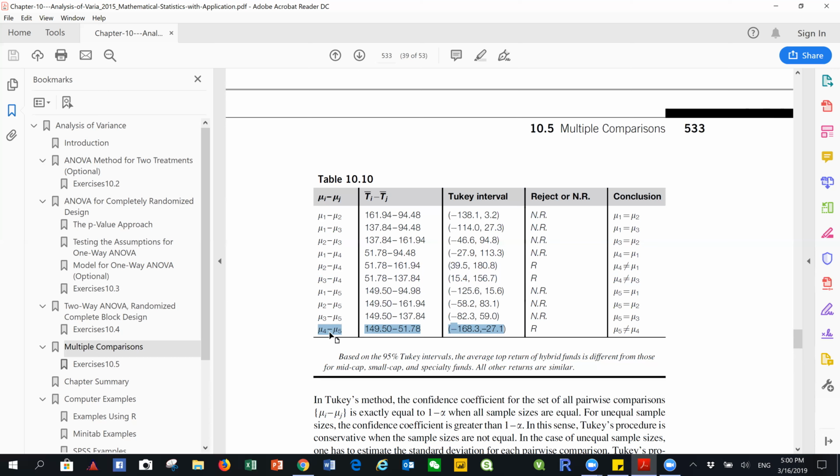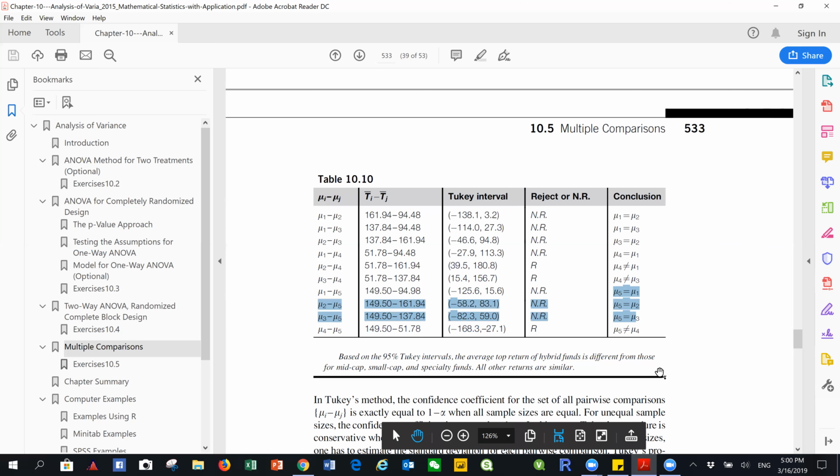But for mu1, mu2, mu3 we can't tell whether they are greater than mu5, but we can tell that mu5 is greater than mu4, mu3 greater than mu4, mu2 greater than mu4.